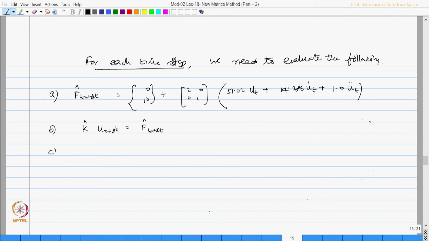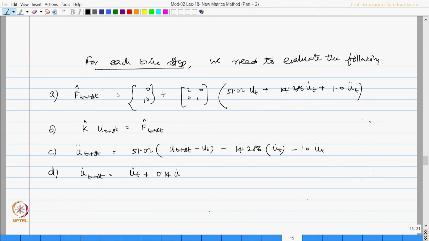Then one needs to find u double dot at t plus delta t as 51.02 times u at t plus delta t minus u at t, minus 14.286 of u dot t, minus 1.0 u double dot t. Then one also needs to find u dot at t plus delta t as u dot t plus 0.14 u double dot t plus 0.14 u double dot at t plus delta t. We need to know this.